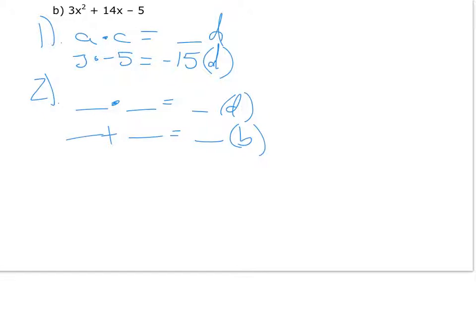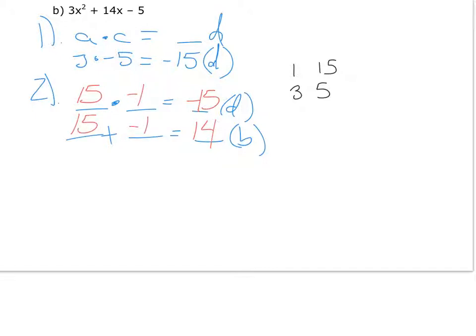So if I look up above, my value for d was -15, my value for b is 14. So again, I'm going to write out my factors of 15, 1 and 15, and then 3 and 5. That's it. I want to get to 14 and it's positive. My product is negative, so that means only one of my numbers is negative. And if I want 14 to be positive, I should let 15 be positive and the 1 be negative.